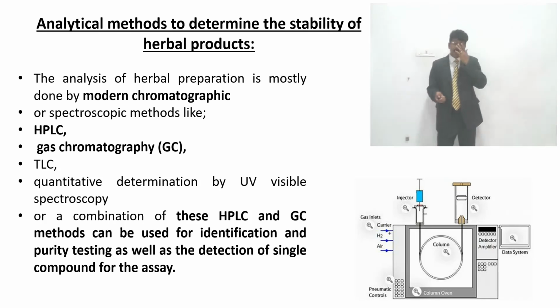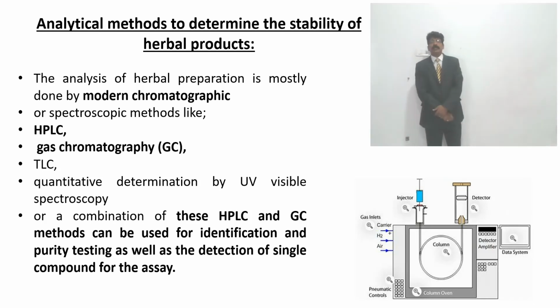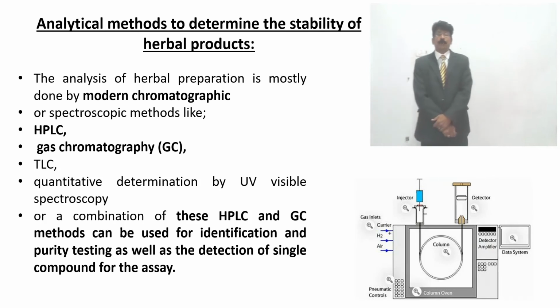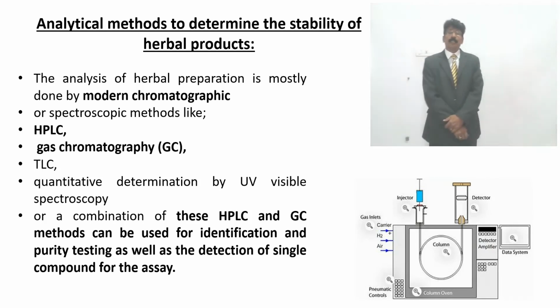Nuclear magnetic resonance spectroscopy can be used for structural elucidation, and the method can be used for purity tests as well as detection of a single component for the assay.